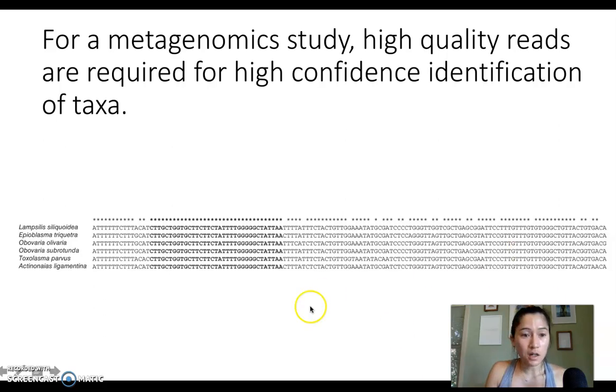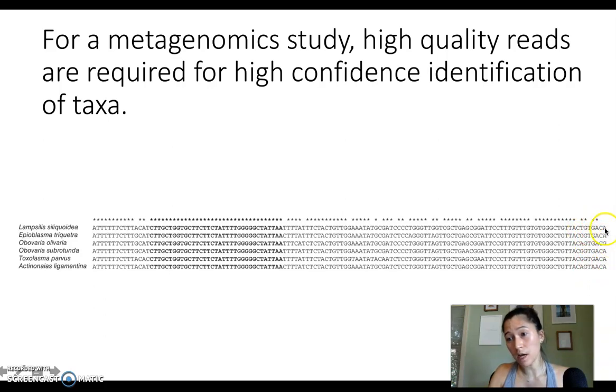This is a nucleotide alignment that I've shown in some of our earlier lecture videos. Remember, each line is from a different species or a different taxa, and the asterisks indicate where all the nucleotides are the same. If we look here towards the end of this particular stretch of sequences, we see that there are several spots where there are actually differences between the species.